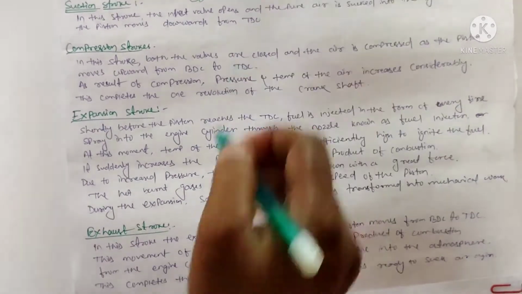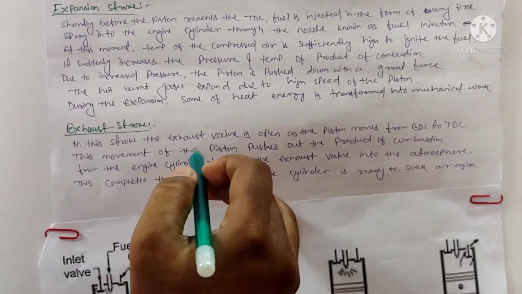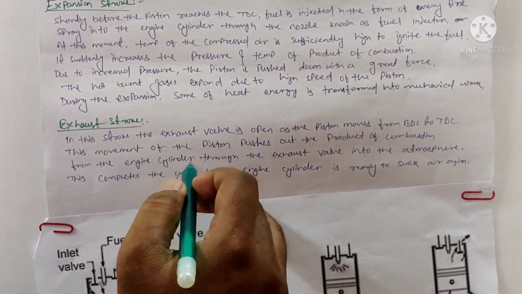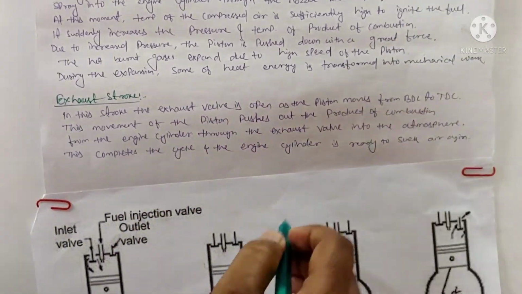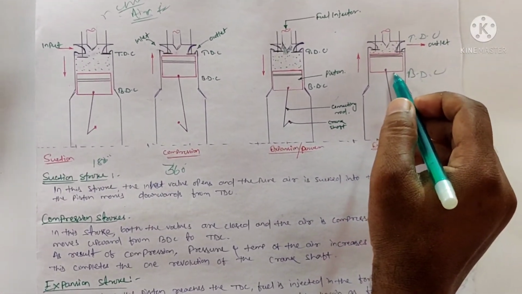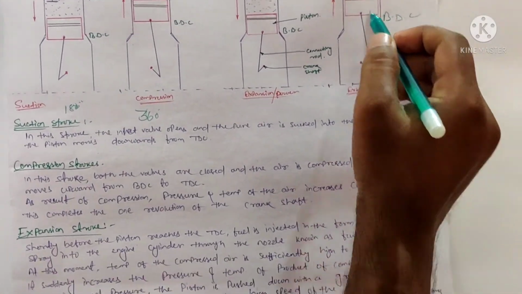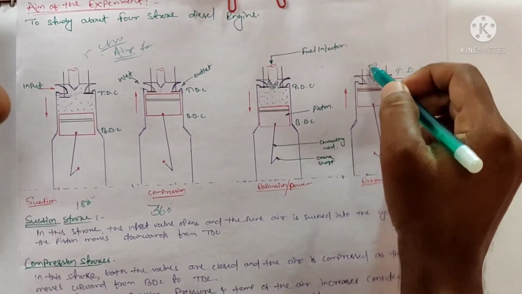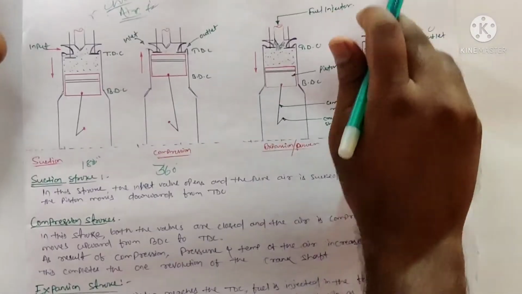That means upward. This movement of the piston pushes out the products of combustion from the engine cylinder through the exhaust valve into the atmosphere. When your piston moves from BDC to TDC, the burnt gases are pushed and the pressure rises.